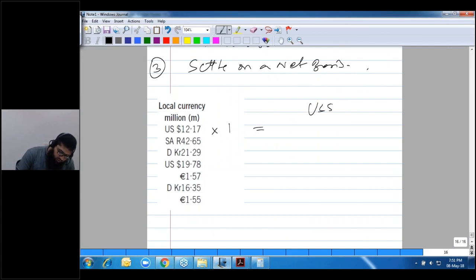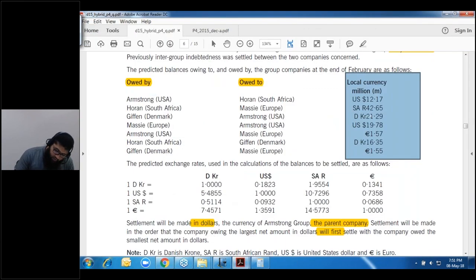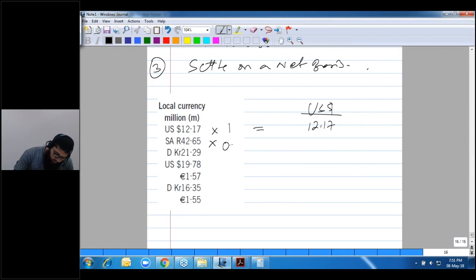So it's US dollar 12.17. The 42.65 is going to be multiplied with 0.0932. 0.0932 gives you the dollar.